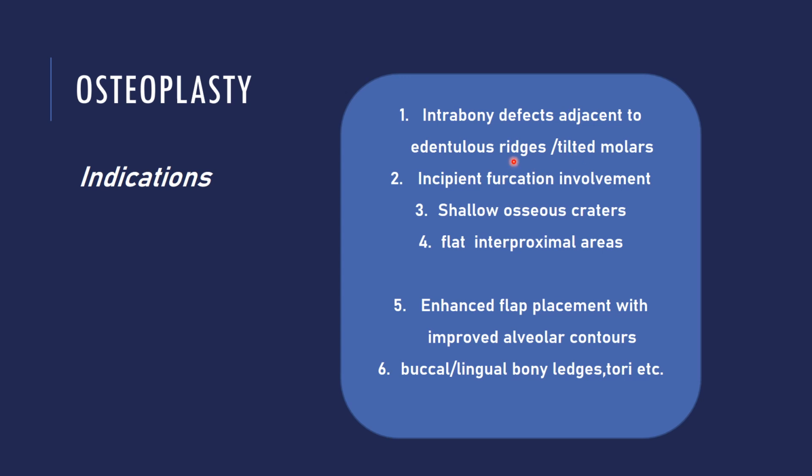Incipient furcation lesions, that is grade 1 furcation involvement: for furcation plasty, you can just go for osteoplasty to make it accessible for oral hygiene maintenance. In case of shallow osseous craters, you can go for it. Also flat interproximal areas, enhanced flap placement with improved alveolar contours, and buccal or lingual bony ledges or tori.